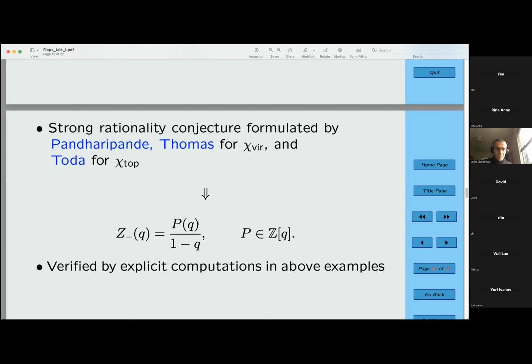First of all, it's not clear how this is related to the homology of the compactified Jacobian via some filtration. So that's another question that perhaps should go on the list of open questions.